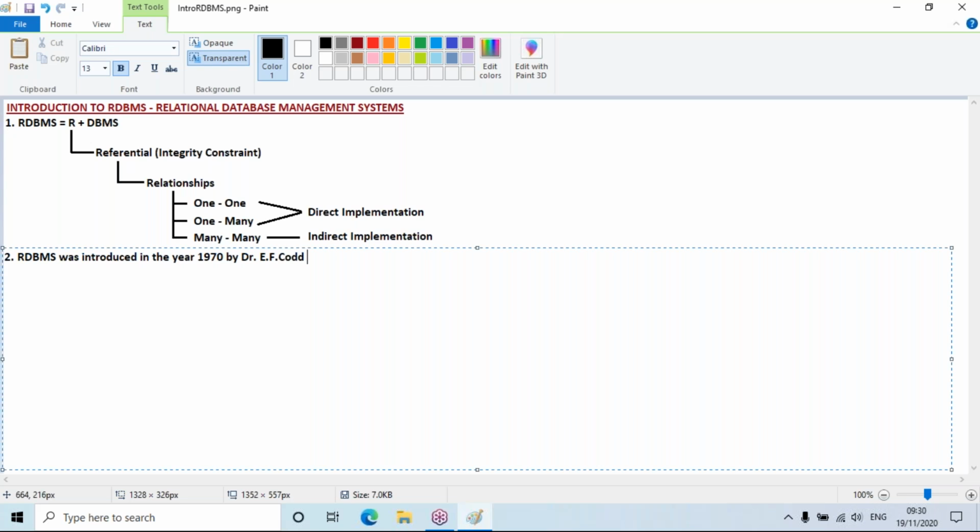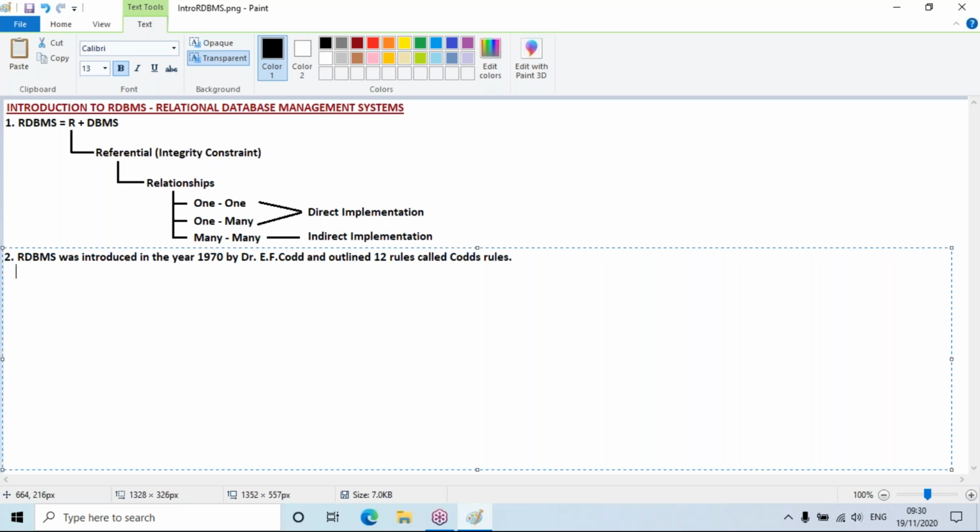He is the one who introduced RDBMS, and he outlined 12 rules called Codd's rules.